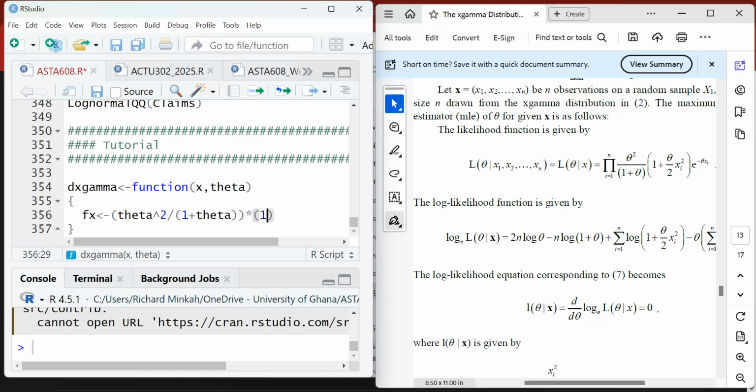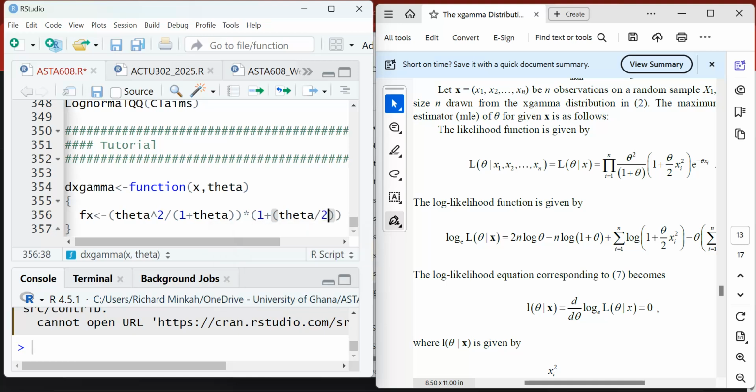We have 1 plus what? Theta over 2. So that one, I'll put in a bracket as well. In the parenthesis, theta divided by 2. Okay, then I'll multiply this theta divided by 2 by what? x squared.